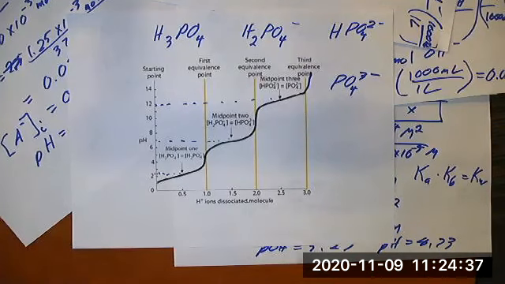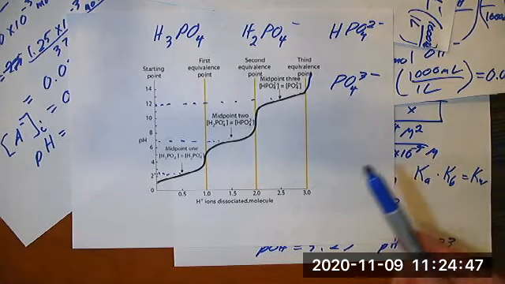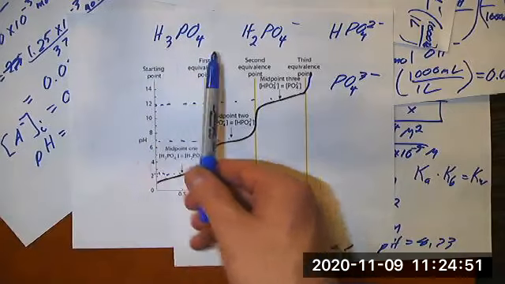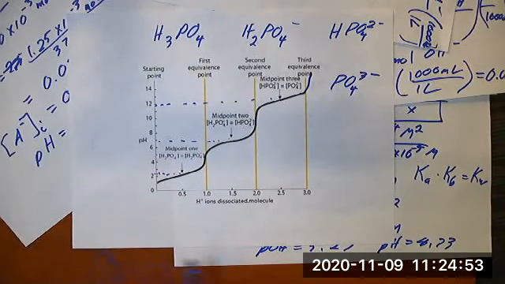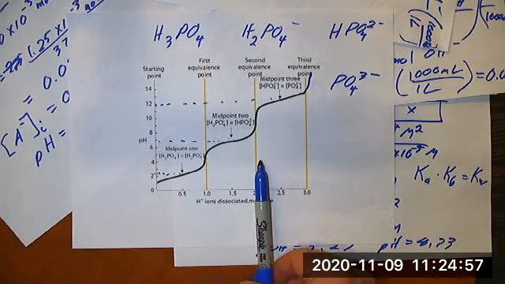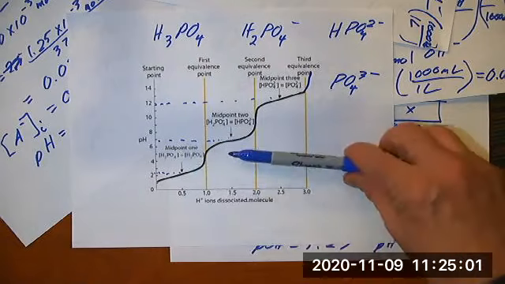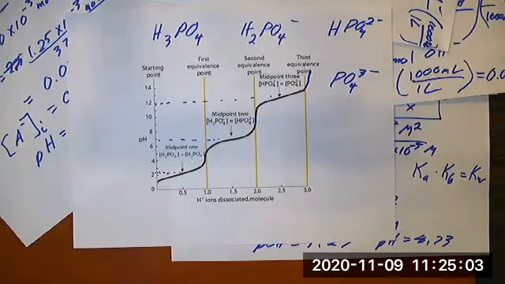So the general procedure here that you would do, and I don't know if you've done this yet in the chemistry lab or not, but at some point in the lab, I believe you do a titration of phosphoric acid. And what you're doing is you're measuring the position of the equivalence points. You are taking half that distance back to find the pKa of each of the deprotonation steps.